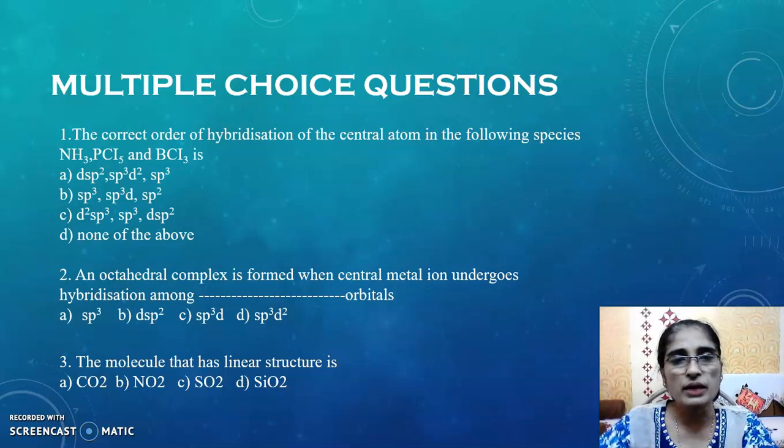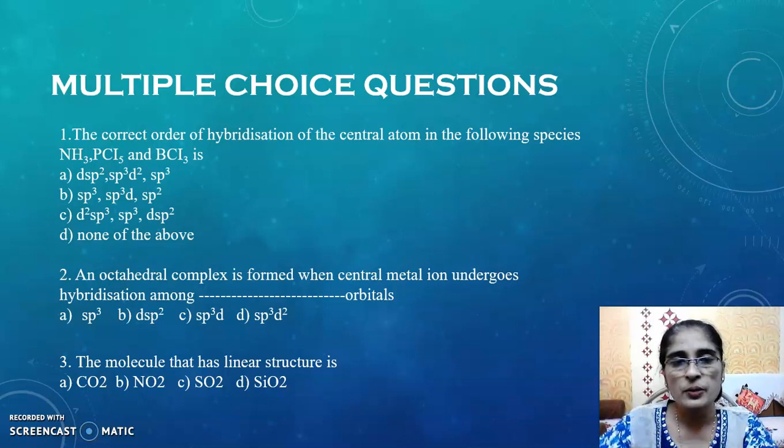In NH3 we have to calculate the hybrid state of nitrogen, in PCl5 the hybrid state of P, and for BCl3 the hybrid state of B.